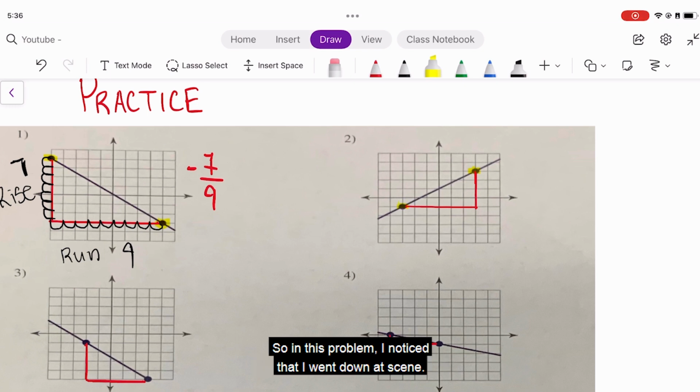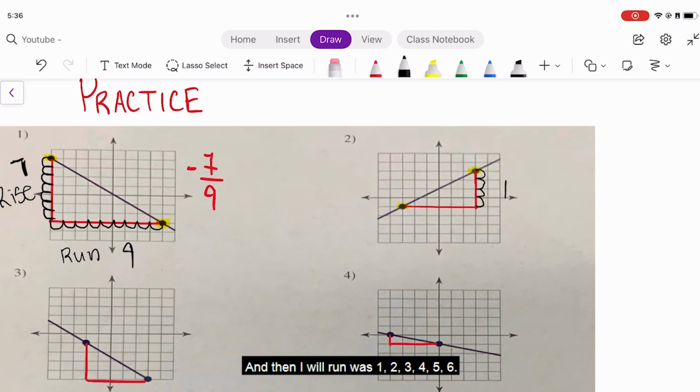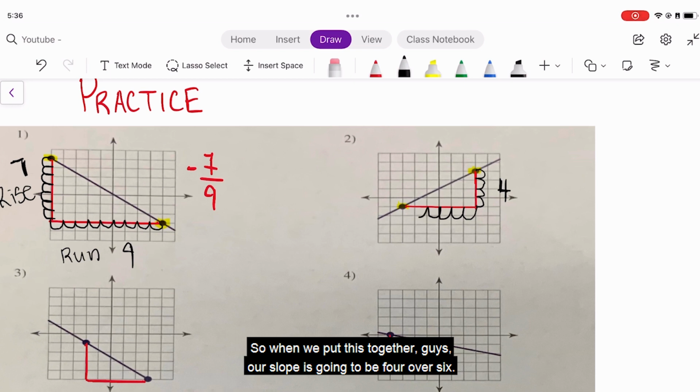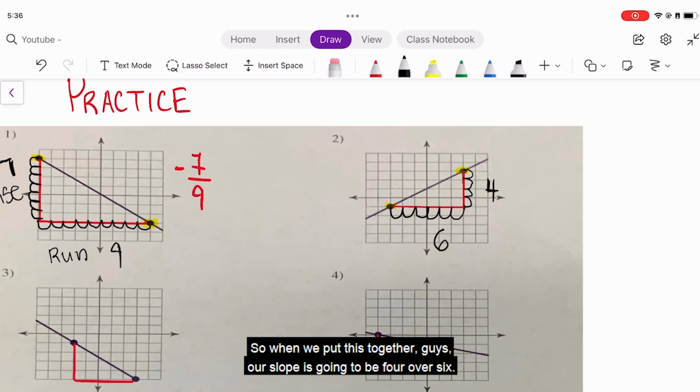So in this problem, I noticed that I went down, let's see, 1, 2, 3, 4. So our rise was 4. And then our run was 1, 2, 3, 4, 5, 6. So when we put this together, guys, our slope is going to be 4/6.